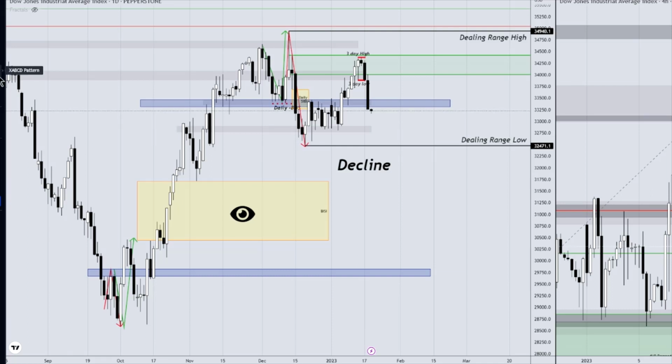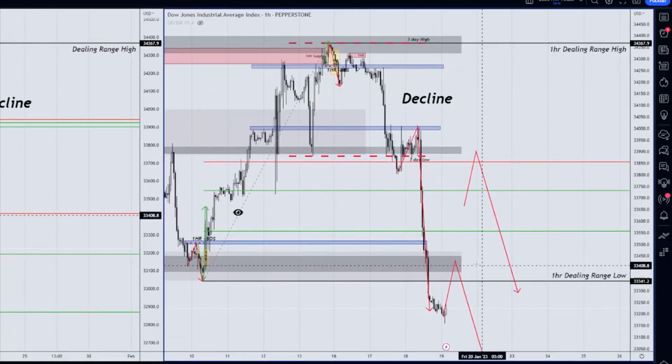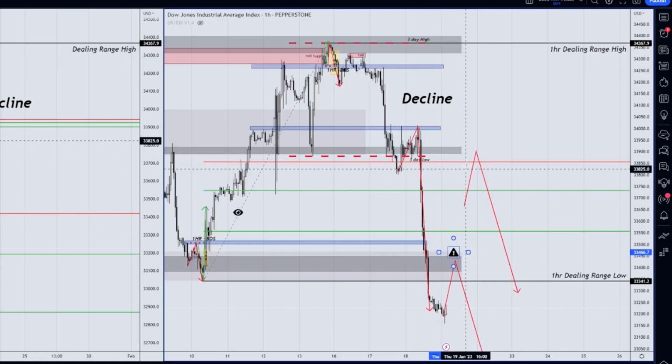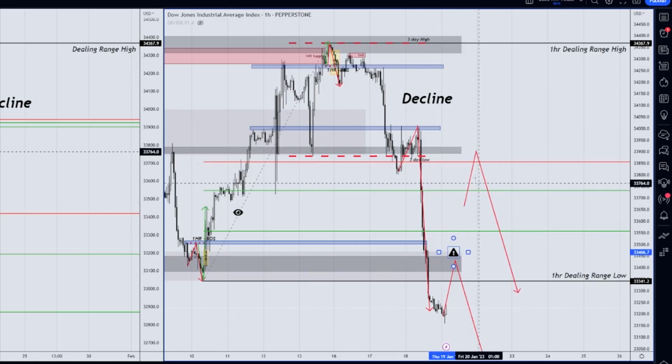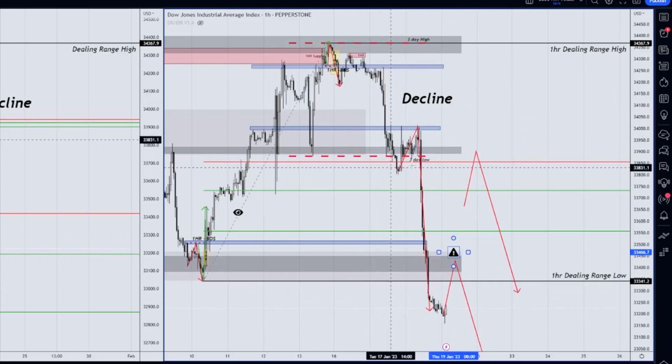So to anticipate on the day, on the 1 hour at least, an area of potential reversal here for a climb up to this level somewhere around here. So we have a new area of internal range potentially that's going to be set up.